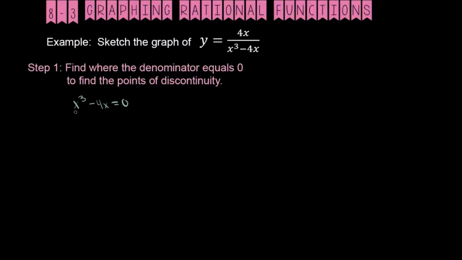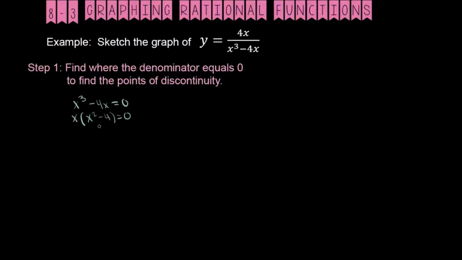I notice right off the bat that we have a common factor of x in both of these terms, so I'm going to factor out an x. I am left with x times x squared minus 4 equals 0. And inside the parentheses, I can further factor it because we have the difference of 2 squares, which you might recognize.